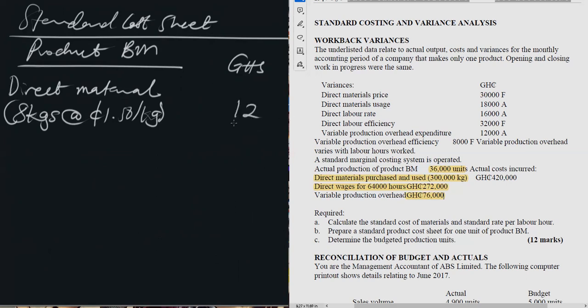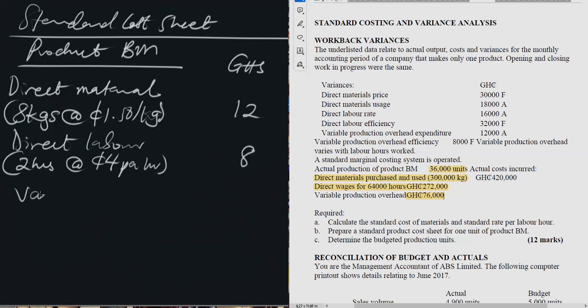Yeah, then 12 cedis. Now we need direct labor. Direct labor, we know that we were using 2 hours per unit at 4 cedis per hour. You remember, 4 cedis per hour. So that gives us 8 cedis.